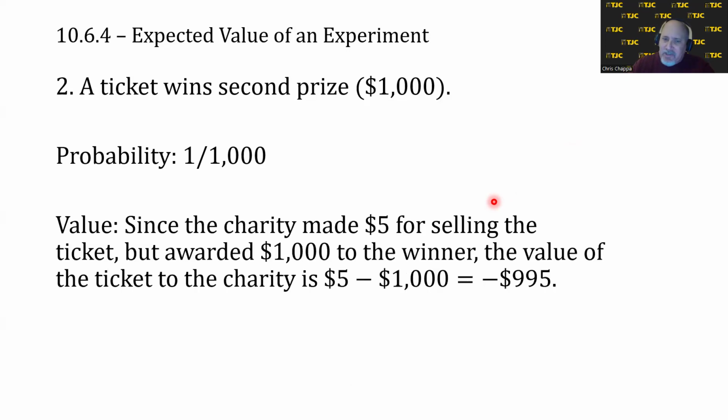So since the charity made the $5 but awarded $1,000 to the winner, the value of the ticket to the charity is the $5 they made minus the $1,000 that they had to give away, for a net loss of $995. So negative 995.